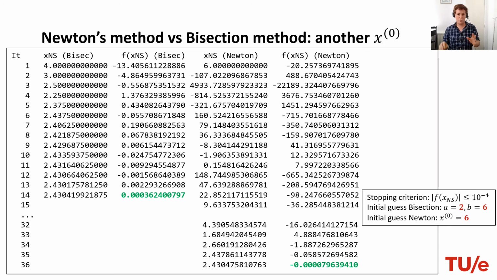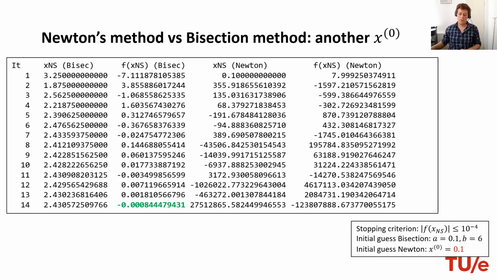But if it gets caught up somewhere, it can start oscillating, producing very large or very negative solutions, and that can be quite disastrous. Here it recovered, but let's take a look at another initial condition. What I did here is start Newton not from x equal to 6, but from x equal to 0.1. Bisection also used a slightly different starting interval from the previous one, but again, this does not impact the performance at all.